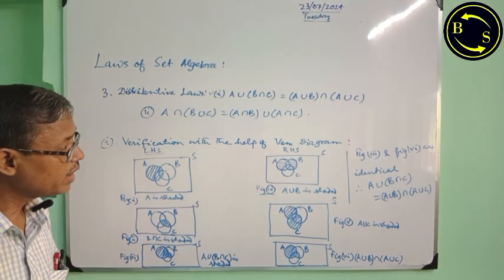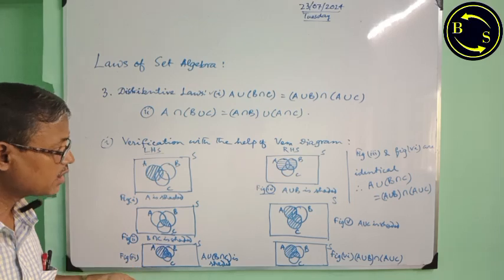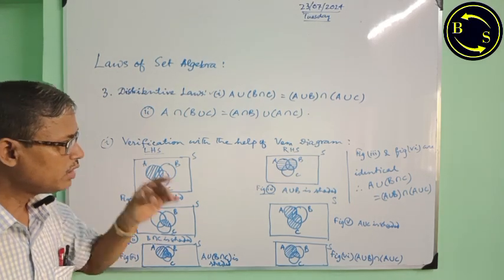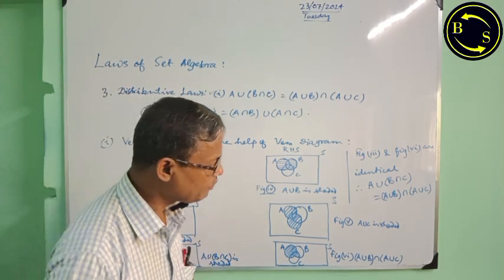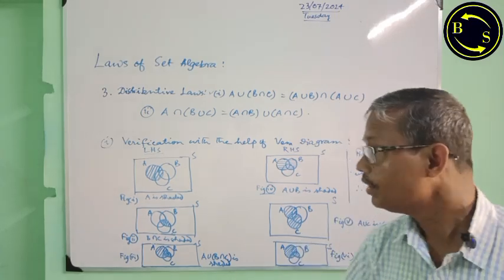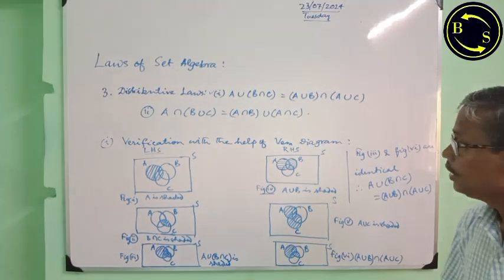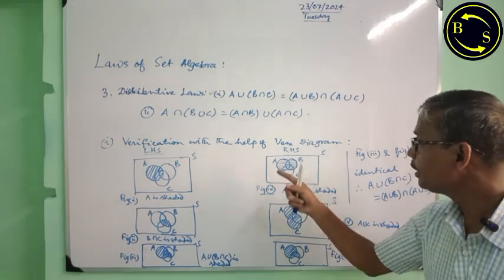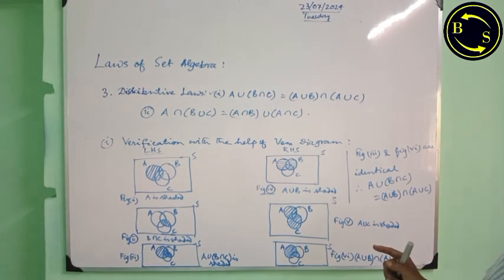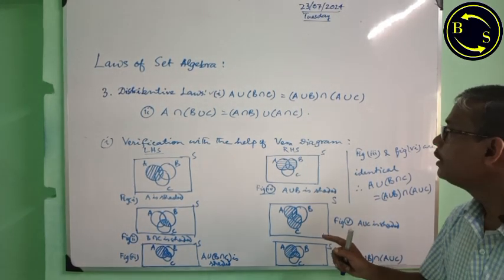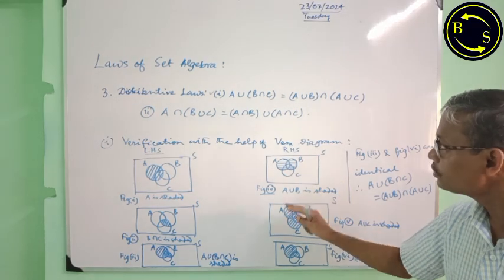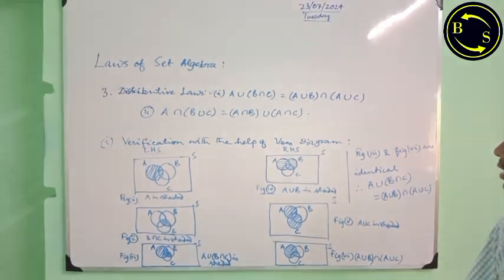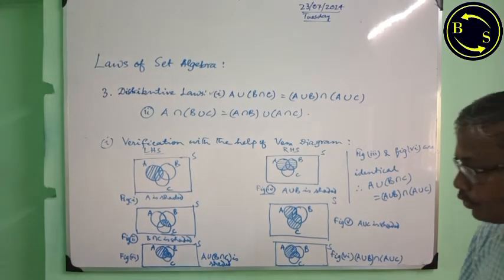Therefore, we conclude A union B intersection C is equal to A union B intersection A union C. Remember, if you are asked to prove with the help of Venn diagram or verify, then you use Venn diagrams. Now we are going to prove.